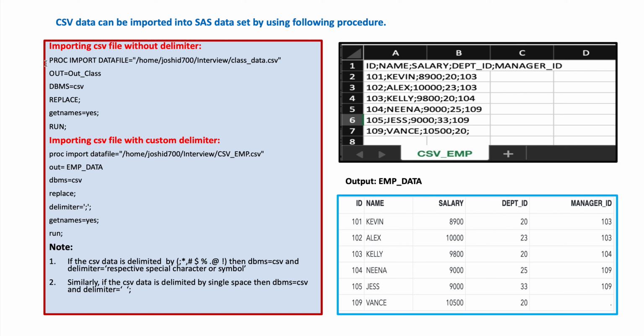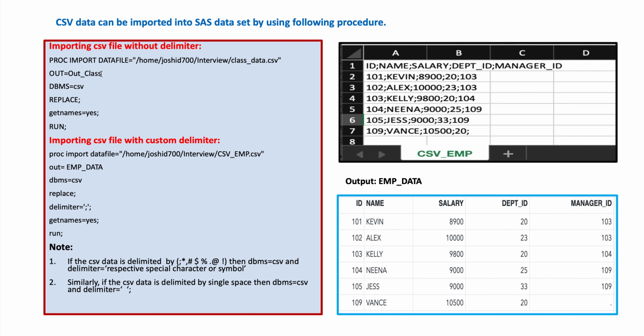We use this code: proc import datafile, and we have to provide the file name with extension and folder name, output dataset name, dbms csv, replace option is used.